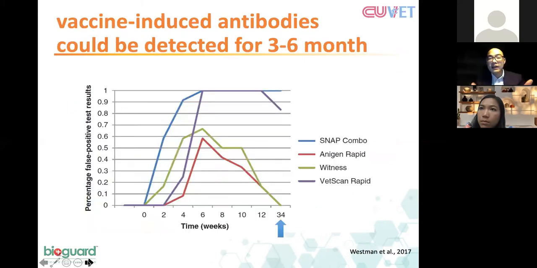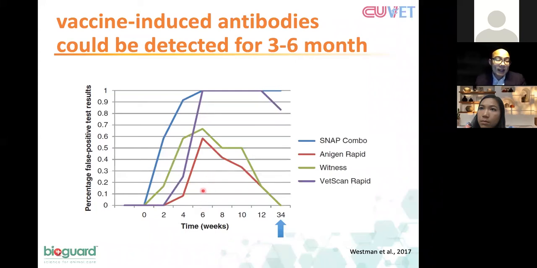However, in the follow-up study, also from Max Westman in 2017, he compared four different tests and followed up after vaccination. As you can see here, all tests that detect antibody against FIV give false positive results, and cannot differentiate between vaccination and infection up to 6 to 8 weeks after vaccination.